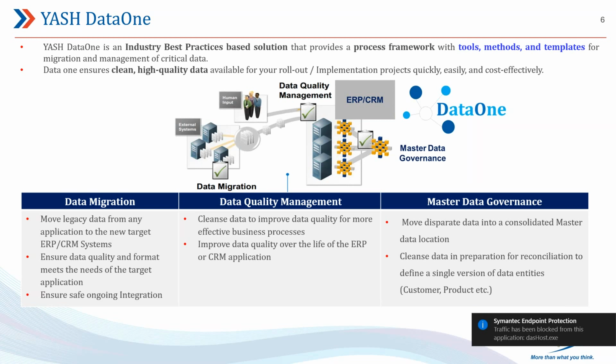And the second block is specifically the data quality management, which is to address the quality issues, setting the data according to the organization standards, business rules, and so on.